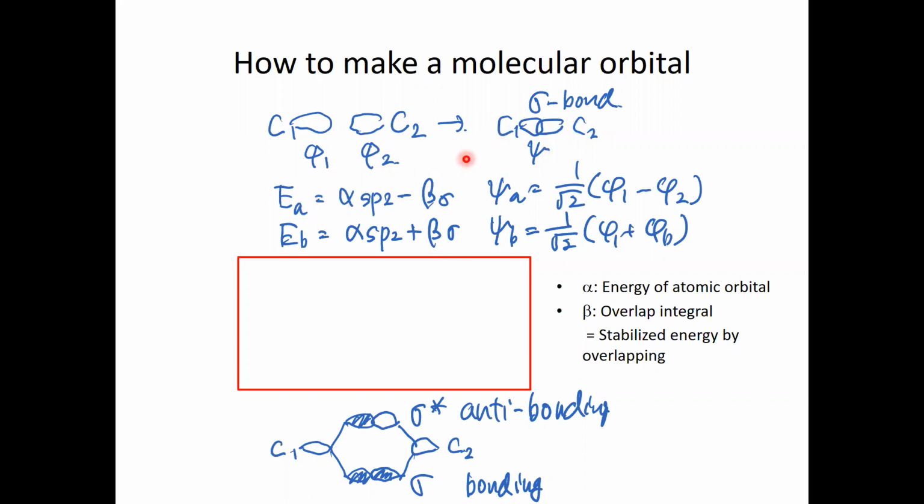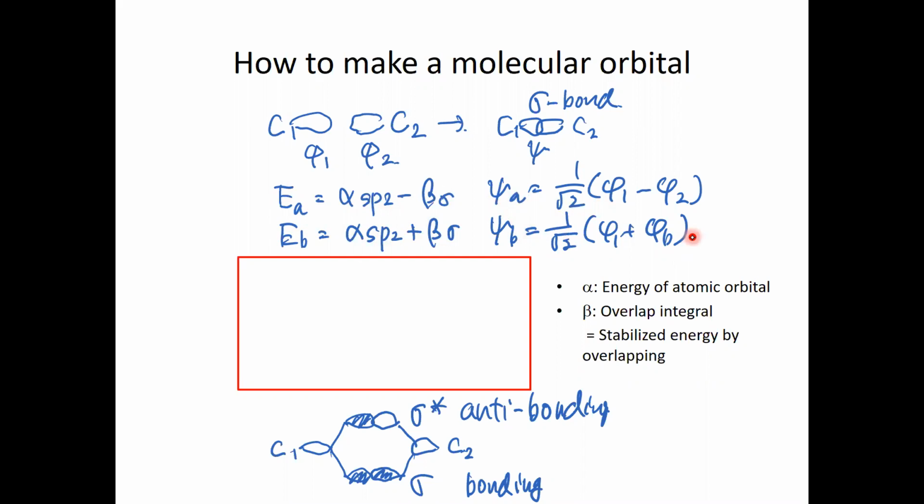Two energies are obtained: one is alpha sp2 minus beta sigma, and the other is alpha sp2 plus beta sigma. For these energies, you can obtain the wave functions, the molecular orbitals psi A and psi B.